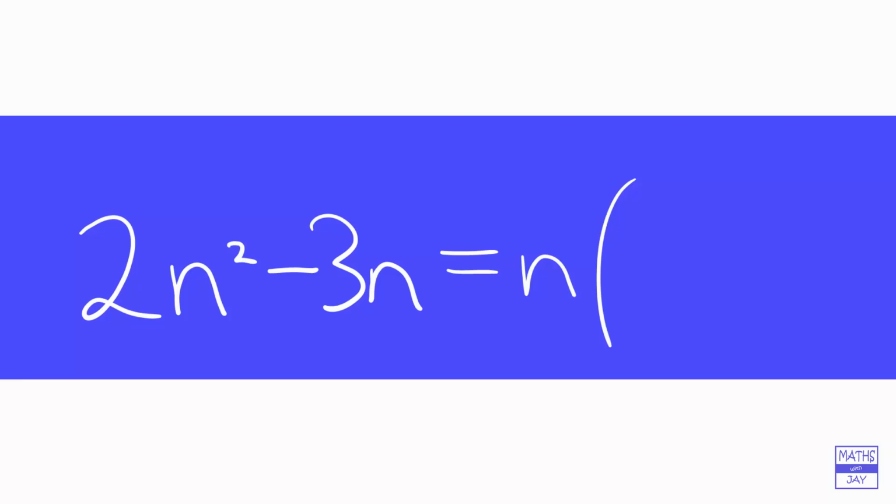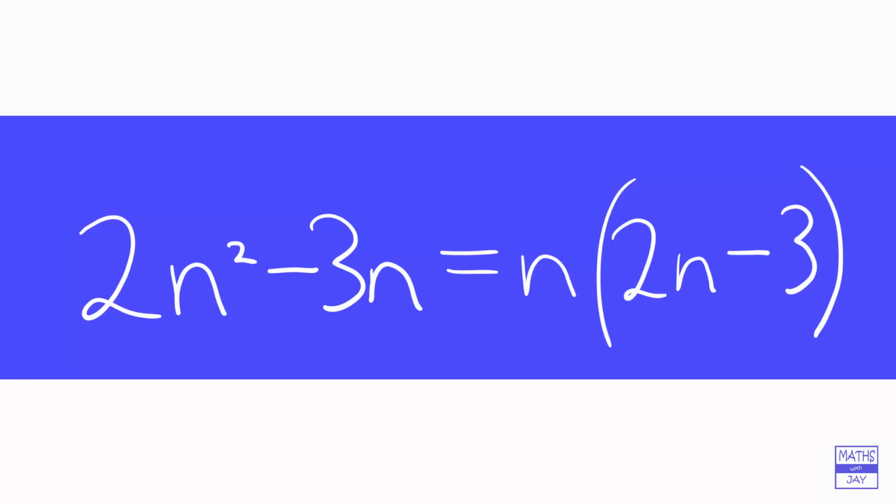So to get 2n squared, we need to multiply by 2n. Because 2 times n is 2n squared. And to get minus 3n, well, we just need to multiply n by minus 3. And we're done.